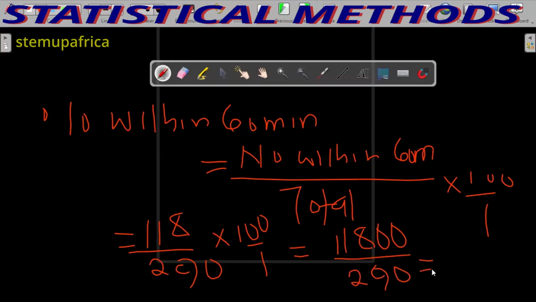All you need to do now is press your calculator: 11800 divided by 290 will give us 40.7%. So 40.7% of persons view within 60 minutes.